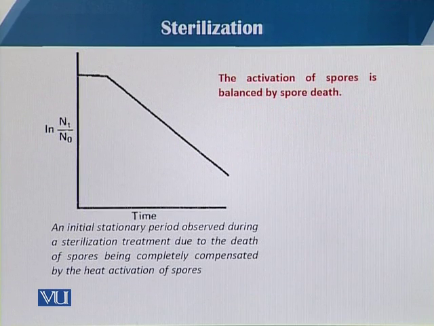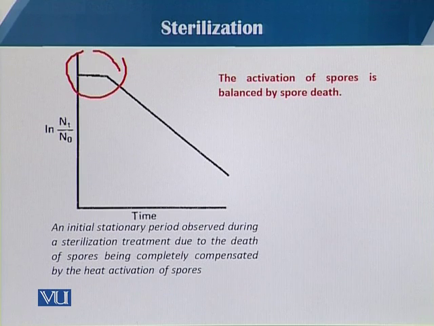In the other case, the activation of the spores is balanced by the spores' death. You can see the difference between the previous graph and this graph is that here there is a straight line, because there is no more uprise.